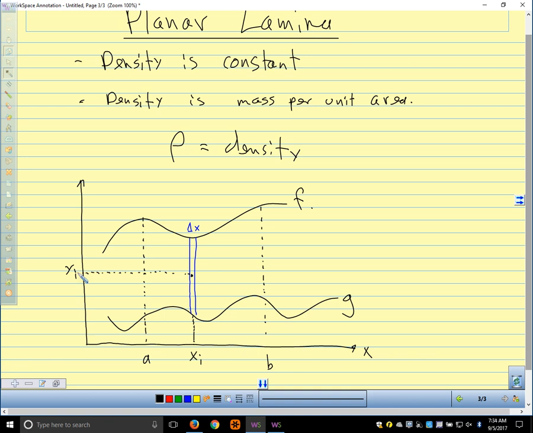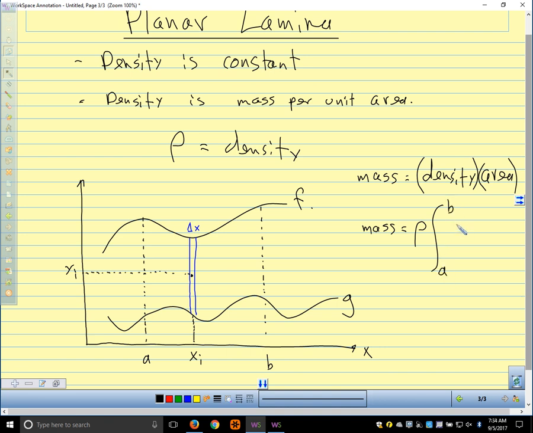All right. So the mass of the lamina is the density times the area, because our density is mass per unit area. Well, we know how to find that, right? So the mass is the density. How do we find the area? Integral from a to b.